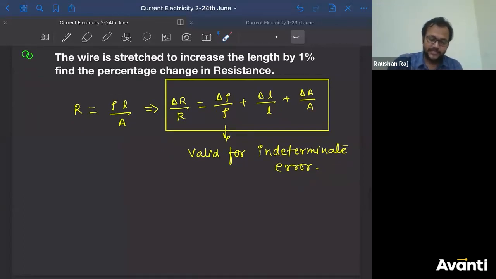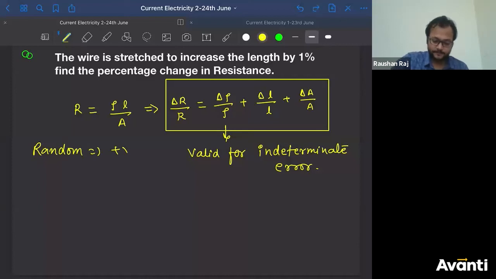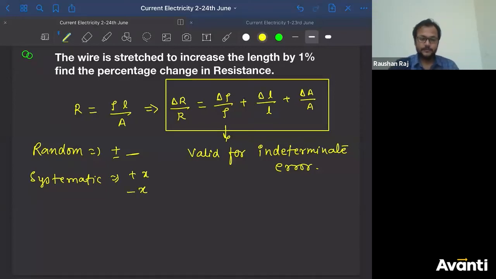But do you have range here or do you have a fixed sign? याद करो, random error क्या होता था? Plus minus something. You will get plus minus something. Systematic error क्या होता था? Either plus, let's say plus x, or minus x, or minus y, कुछ भी. So a fixed sign will be there in systematic error.